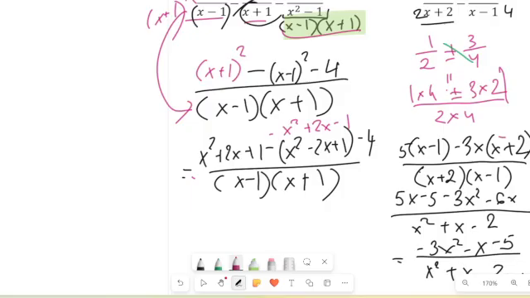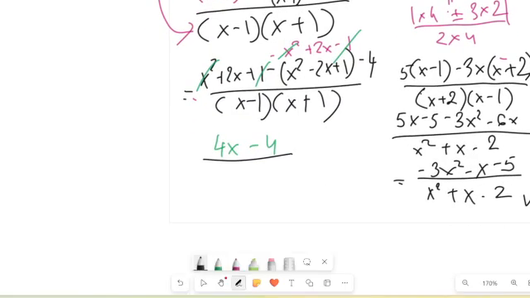And now you can see that the x squares will cancel. Then I'm left with 4x, and then 1 minus 1 is done, and then 4x minus 4 all over. I do not remove that brackets because maybe I could simplify even more at the end.